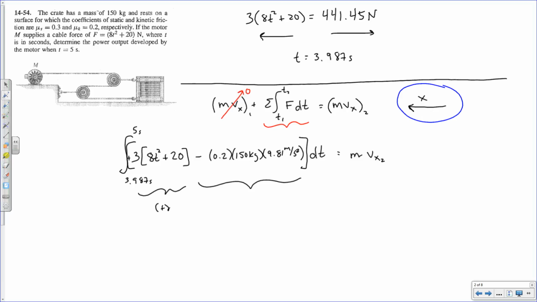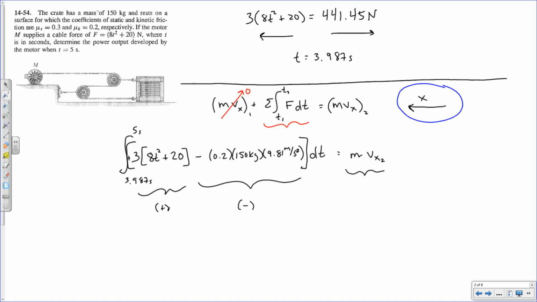The second term here is a negative impulse because the friction force is pointing towards the right, which is in the negative direction based off of what we called positive x for this equation. And then we have mass times velocity. This is the final momentum after all of these impulses have acted on the body itself. We would expect Vx2 to be a positive value because we expect the crate to be moving towards the left after this is all said and done.